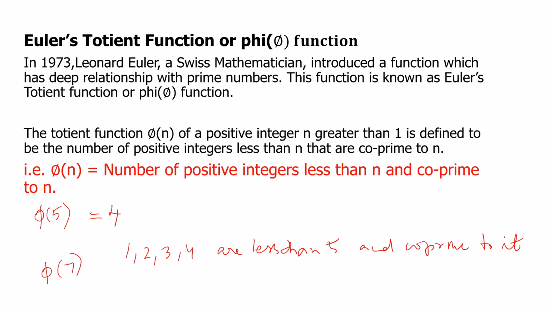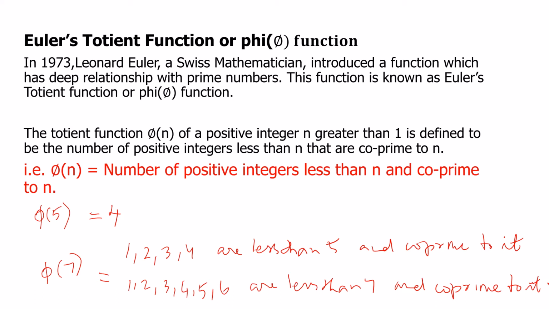If I take 7, all the positive integers less than 7, I can write 1, 2, 3, 4, 5, 6. All these are less than 7 and coprime to 7.